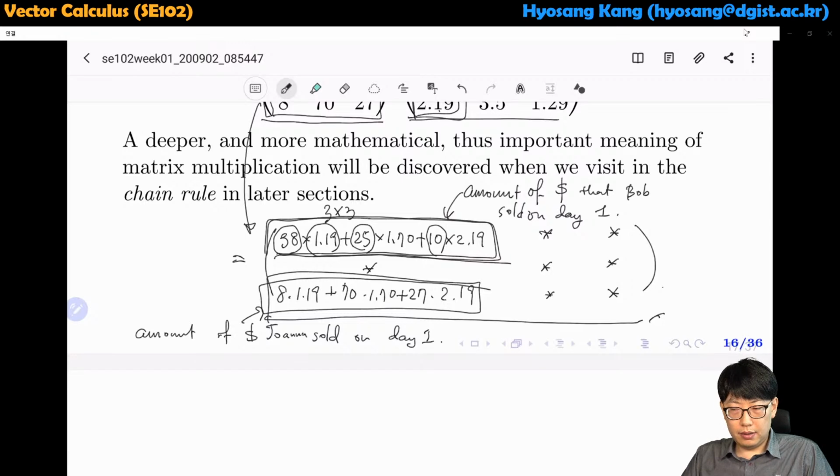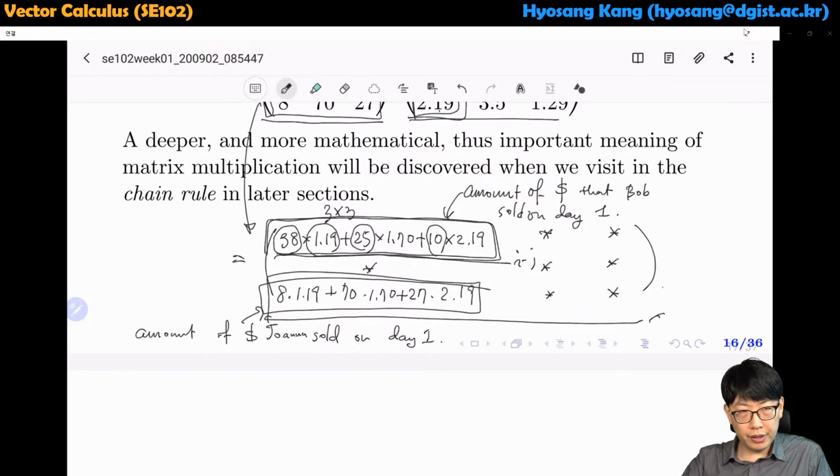So in general, if you take the i-th row and j-th column of this A times B, it means the amount of dollars that person i acquired on day j, right?